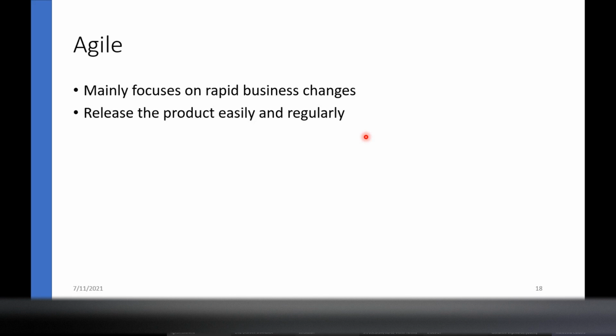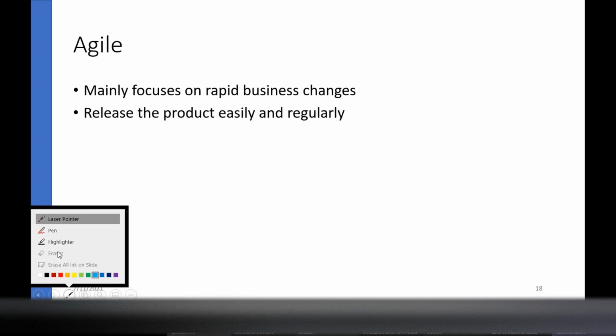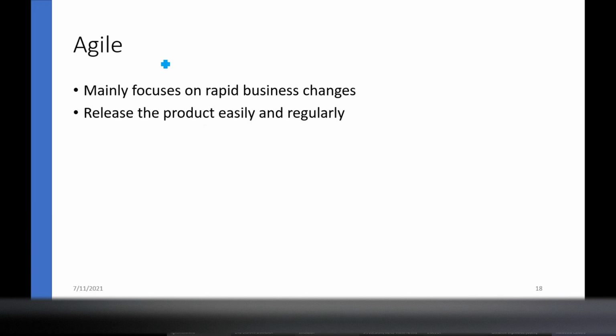Now the problem is like this. Say our project started in 2010, and we are planning to deliver it in 2020. In these 10 years, requirements might change and new technologies arrive.